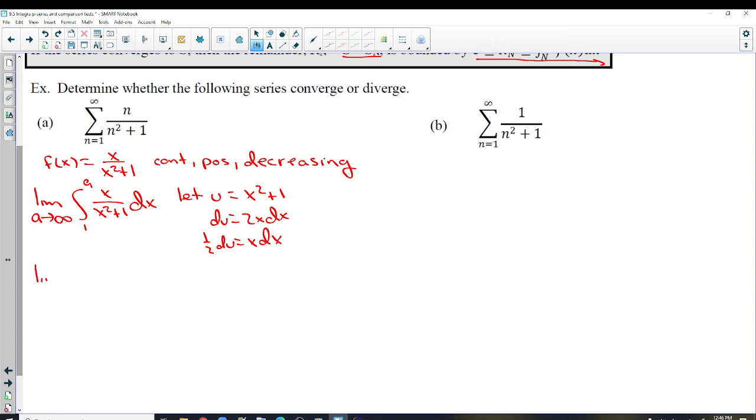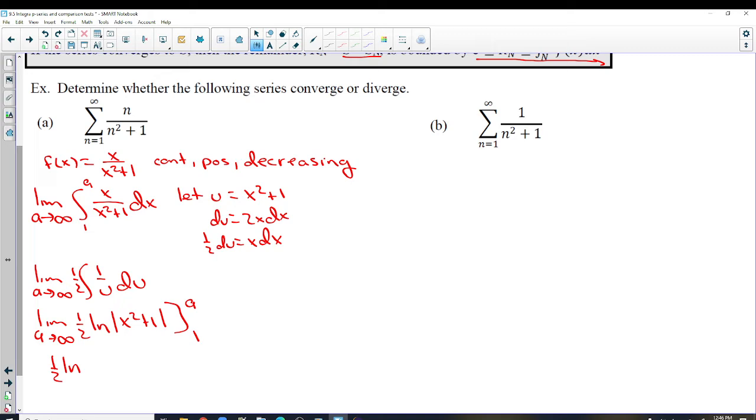Well, now we have the limit as a approaches infinity of the integral of 1/2 1 over u du. And that's the limit as a approaches infinity of 1/2 natural log of absolute value of x squared plus 1 from 1 to a. So we end up with the 1/2 natural log of infinity squared plus 1 minus 1/2 natural log of 1.